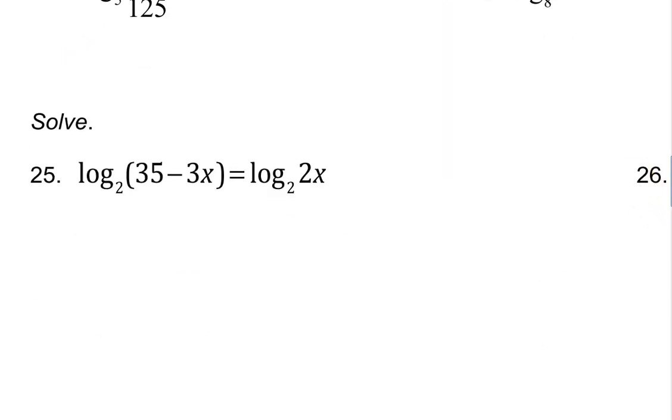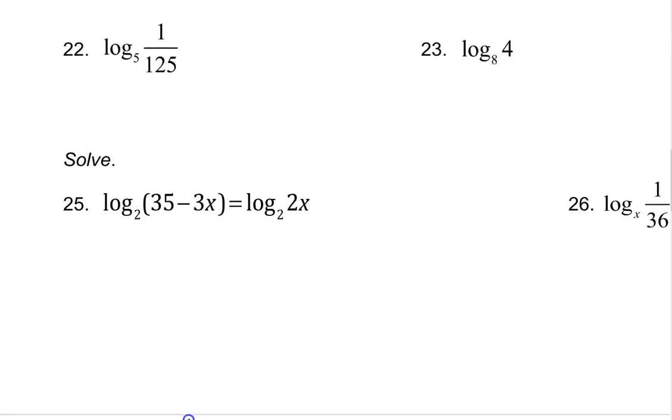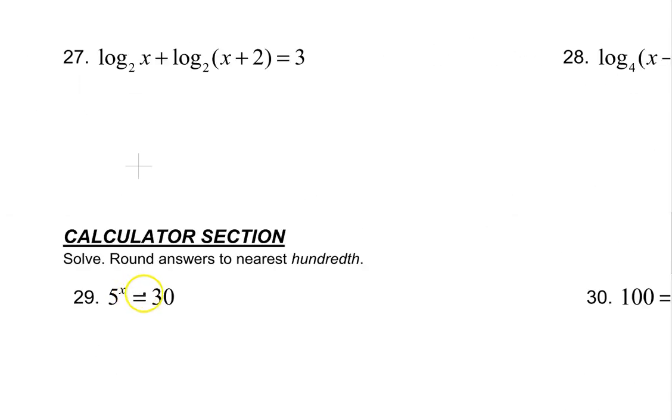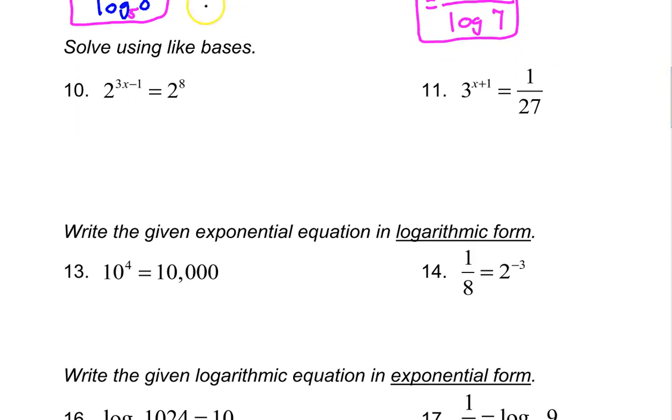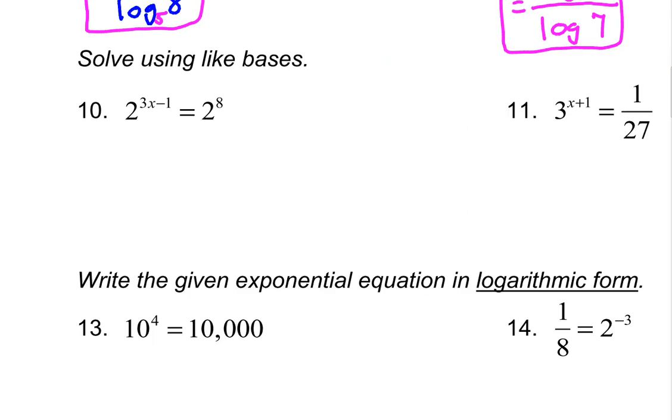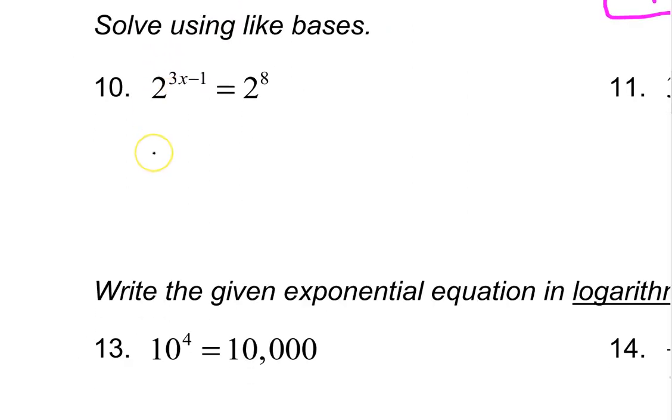If we looked on the back, these questions here that you have to solve, but you can't write this number in the same base, so that's when we're going to get decimals. So some of them you can, some of them you can't. So the ones we're doing right now and how we're going to do them only work when they have the same base. Can't do this on every problem.